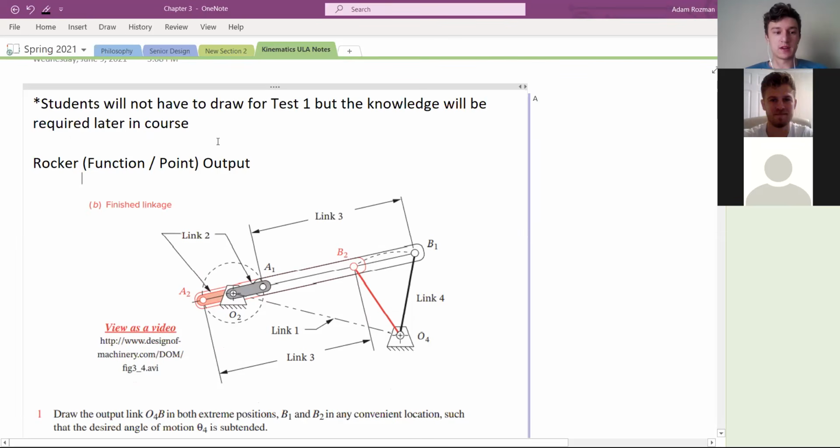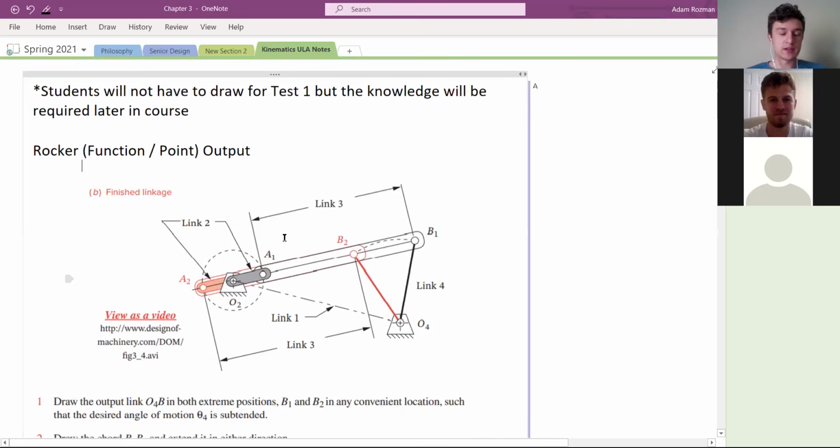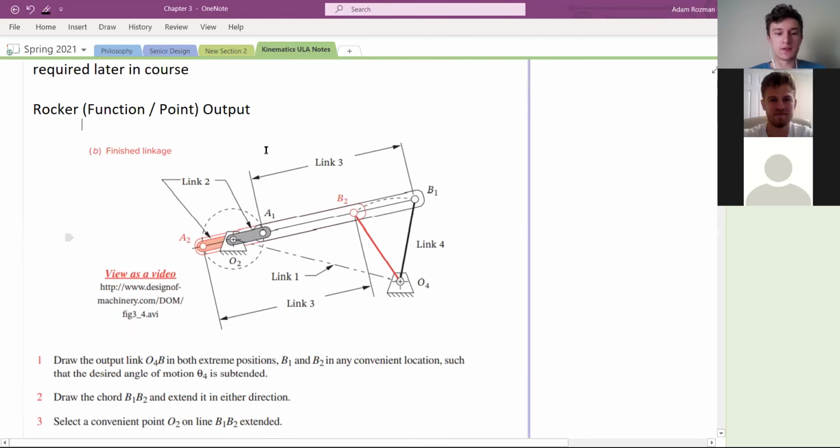I believe Dr. Nader is having his own drawing test sometime around July 7th, which you'll need this more for. But it is still good to have the knowledge, and it might come up as some conceptual questions. I think it's pretty safe to say that you won't have to draw this out and upload a picture of it for your exam.